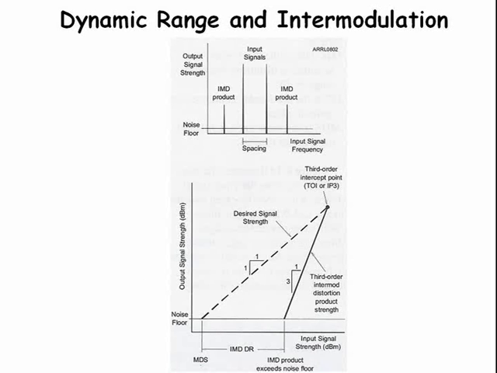Second order IMD products can occur at the sum and the difference of the input signal frequencies and their amplitude changes 2 dB for every 1 dB of input signal change. There can also be third order IMD products.